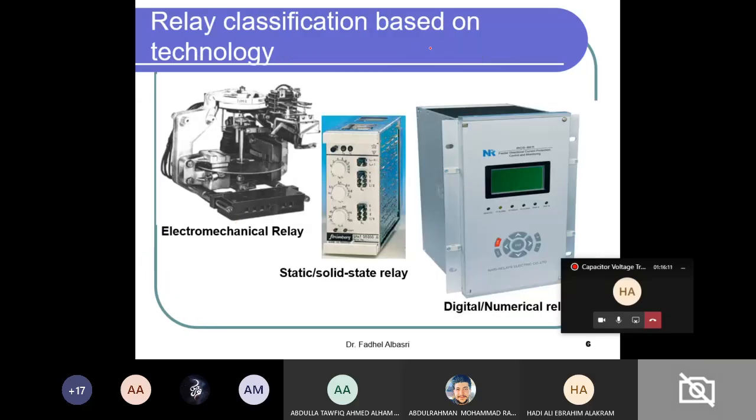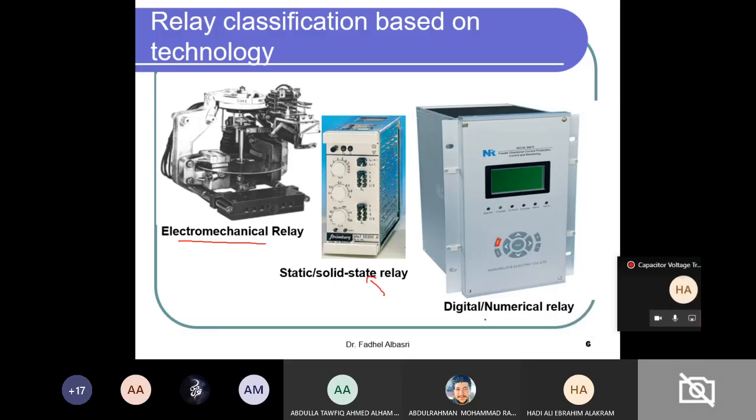There is another classification of relays based on the technology. Here I have electromechanical relays, which are based on electromagnetic principles. And we have static relays, and the third one is numerical relays. Okay, so these are the three classifications based on relay technology.